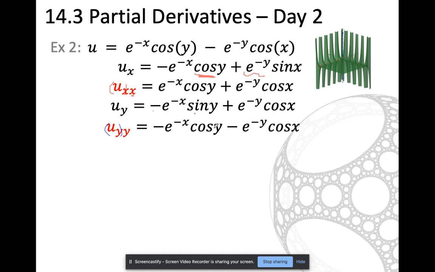Now verify whether that satisfies Laplace's equation. So you want to know, here's your second derivative, right? Here's the second derivative with respect to x. Here's your second derivative with respect to y. Add them together, do they equal 0? Yes, they do, right? These terms will cancel one another out.